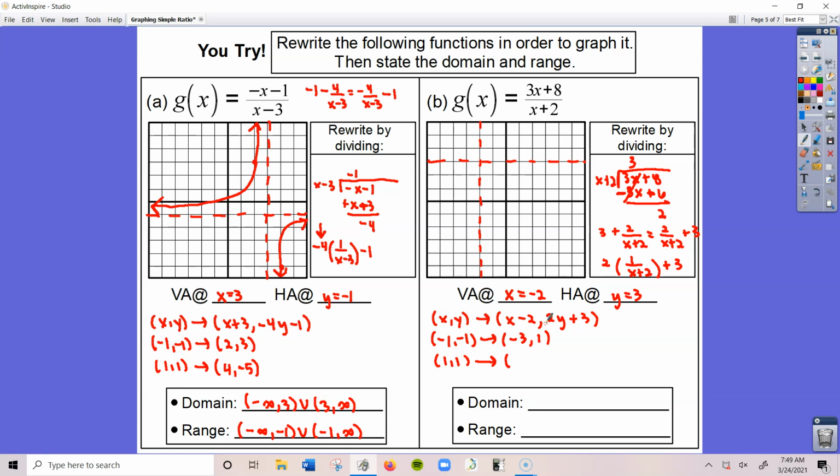When we plug in 1, 1, 1 minus 2 is negative 1. 2 times 1 is 2, plus 3 is 5. So we can now plot these points, negative 3, 1, and negative 1, 5. And now we curve. So this would be my graph.